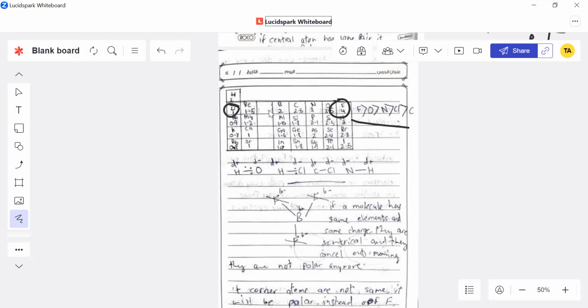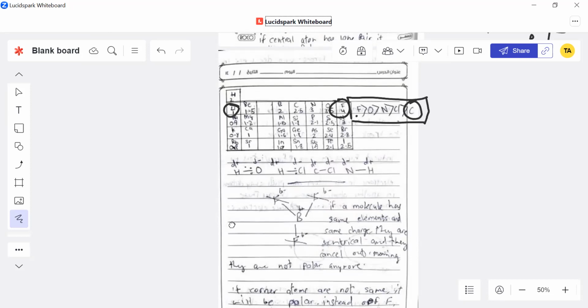So remember these electronegativities: fluorine, oxygen, nitrogen, chlorine, and carbon. The least electronegative element among these 5 elements is carbon. Carbon is the least electronegative.